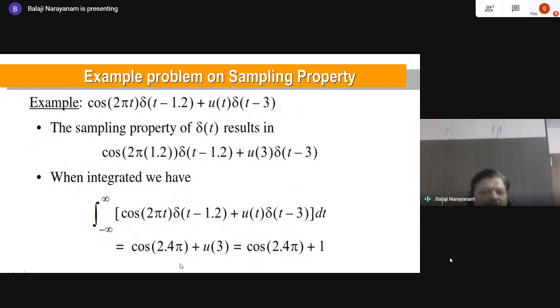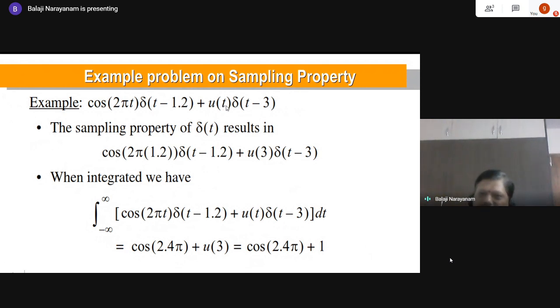As per the multiplication property, it is of the form delta of t minus t1. In place of t1, we substitute 1.2. As a result, cos of 2 pi multiplied with 1.2 is the first term, multiplied with delta of t minus 1.2. Here again we have delta of t minus t1 and u of t.